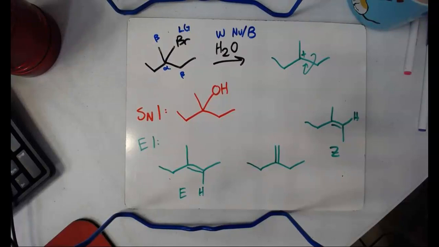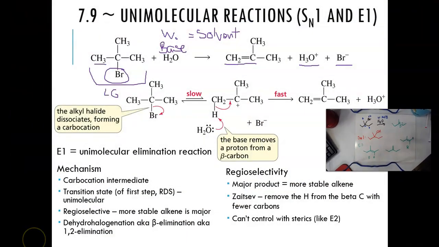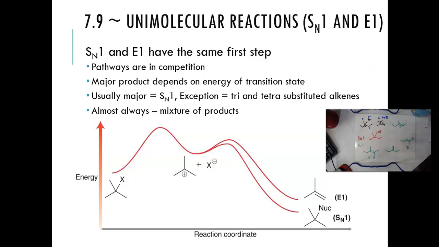Now as we go through and talk about a little bit more information, we might be able to decide which one's major or minor. But one of the struggles with SN1 and E1 is that we do end up getting a mixture of products for a lot of these reactions. And this is kind of saying the same thing that I just said. Our SN1 and E1 are always in competition with each other.